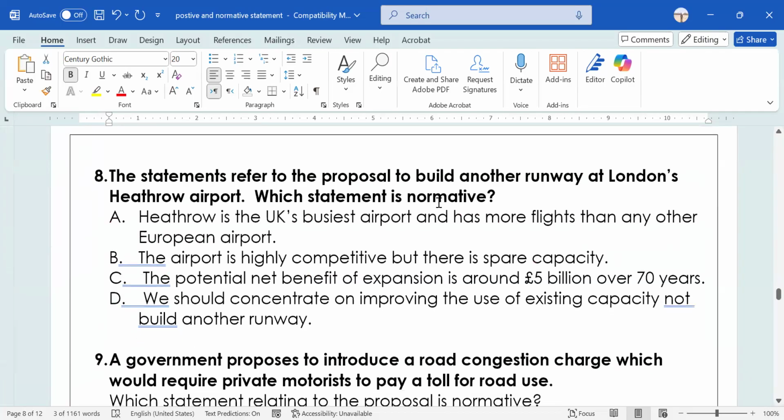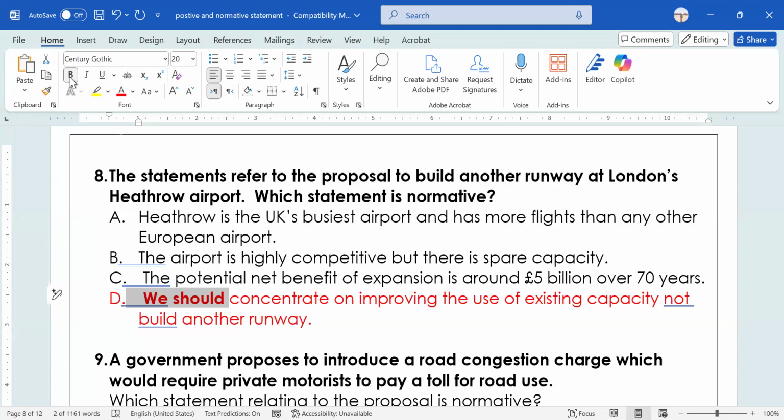The statements refer to the proposal to build another runway at London's Heathrow Airport. Which one is normative? Again, obviously, you have letter D. Why letter D? Again, you have the terms "we should." The word should really signals a value judgment.